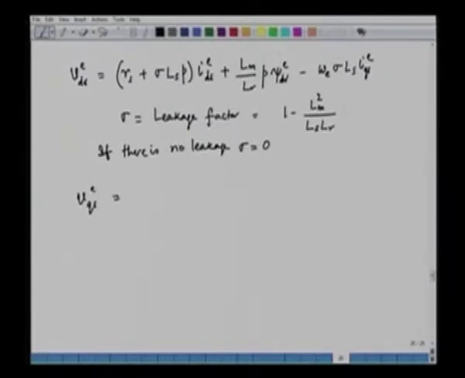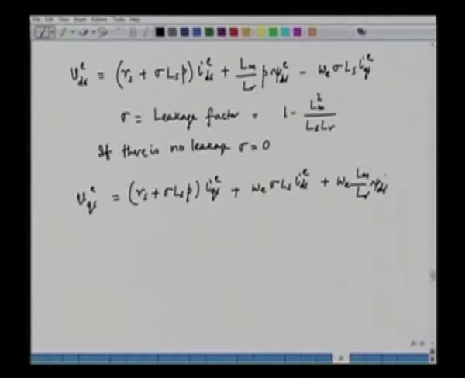VQSE is equal to RS plus sigma LSP into IQS plus omega E sigma Ls into IDSE plus omega E into Lm by Lr into psi dre.